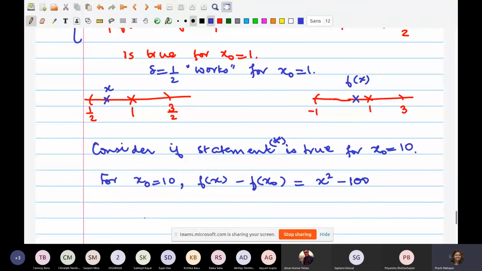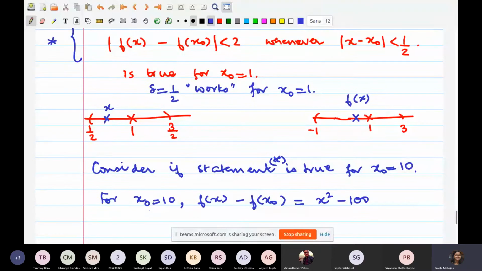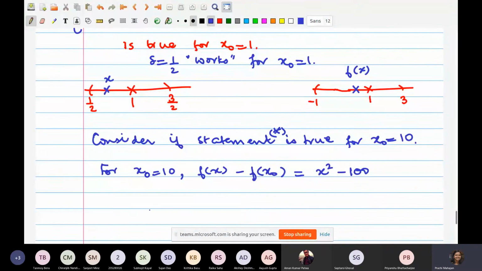All I want is that if x is in the 1 by 2 neighborhood of 10, then x square minus 100 should be at most 2 in modulus. That's what we want.